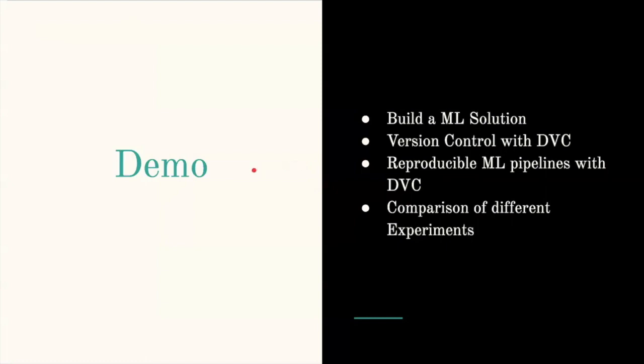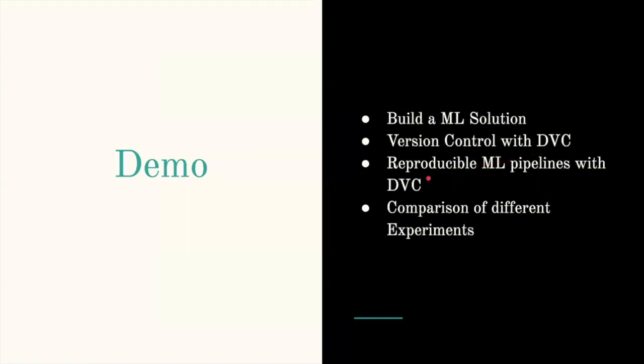In this demo, we'll build a simple ML solution of multi-class classification. We'll train 3 different models and combine them as a single ensemble model to get a better, stronger model. In the process, we'll version control the data and model with DVC.